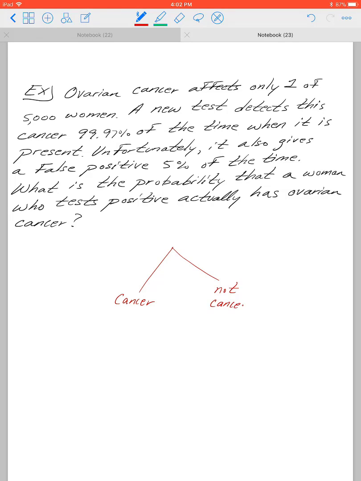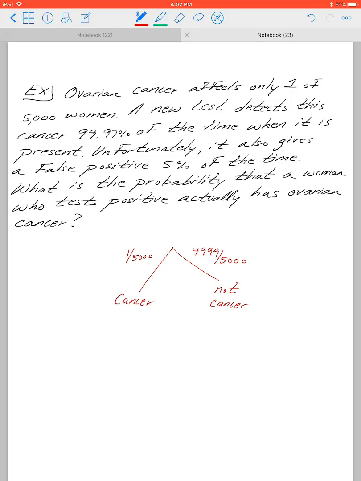And what we'll do here is I'll show the journey going to cancer versus not cancer. So 1 out of 5,000 have cancer. 4,999 out of 5,000 do not have cancer.